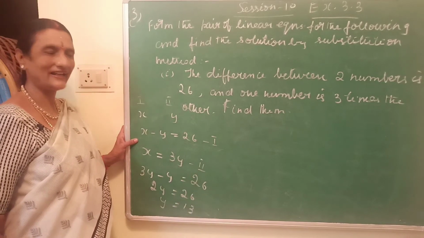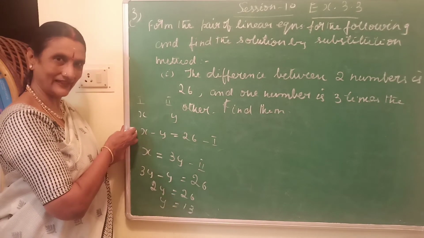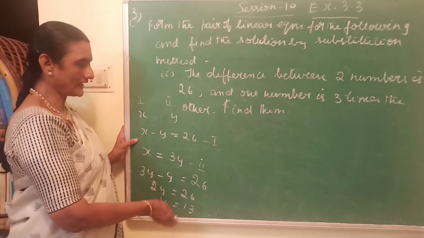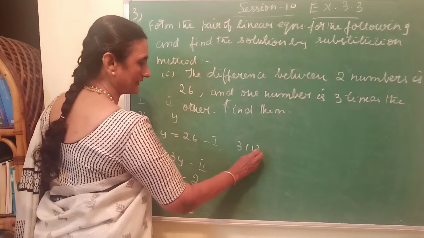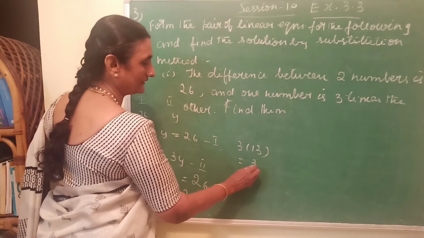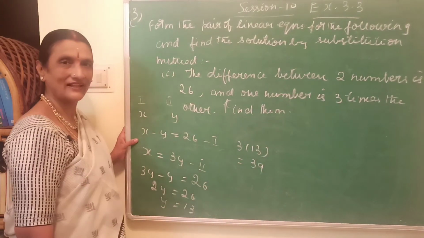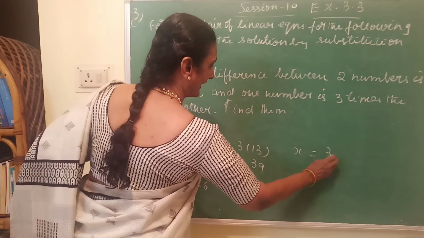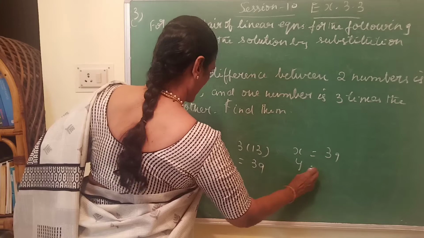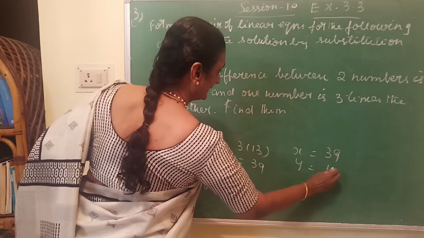Are you understanding? Therefore, what will be x? x is 3 times y. So 3 into 13 gives you 39. Is it clear to all of you? Therefore, x is equal to 39 and y is equal to 13.